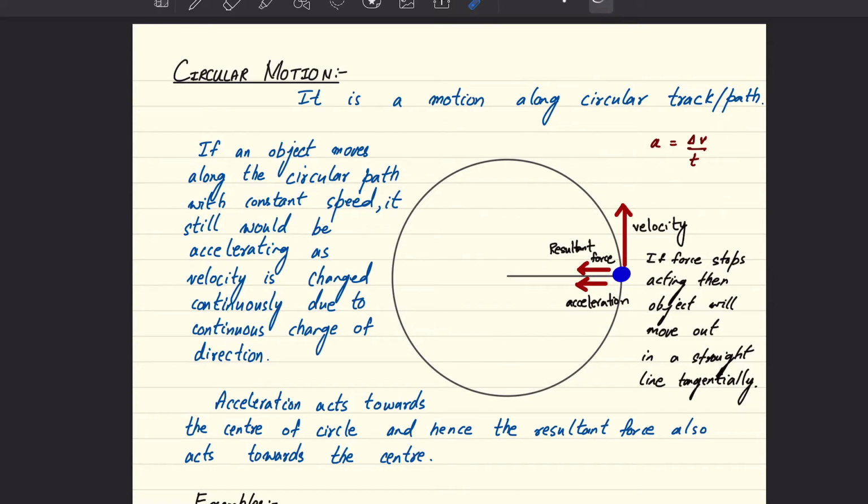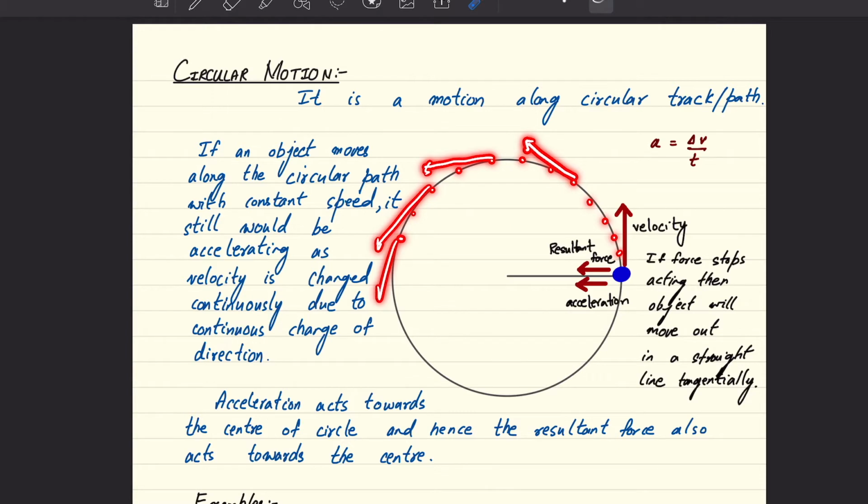If we take an example of an object moving on a circular track with constant speed, we have to identify that it is still accelerating. Although it is moving with constant speed, due to continuous change in direction of motion, the velocity is changing.